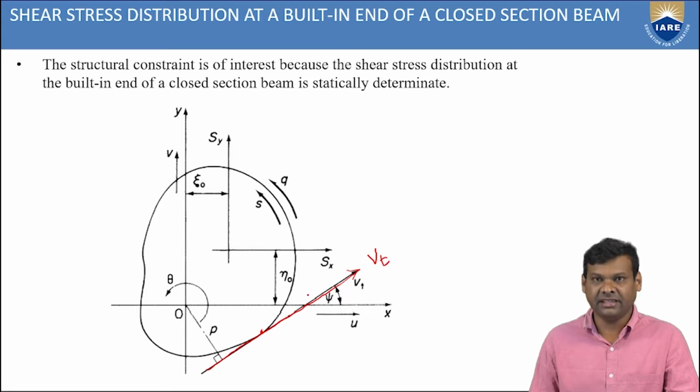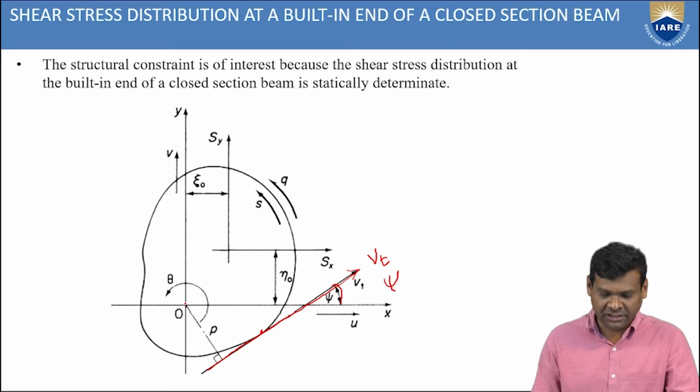And this tangent is making an angle of phi with respect to the x-axis, that is phi. When you draw a perpendicular from point O to this tangent line, the distance between this point O and this point is called P. This is making an angle theta.